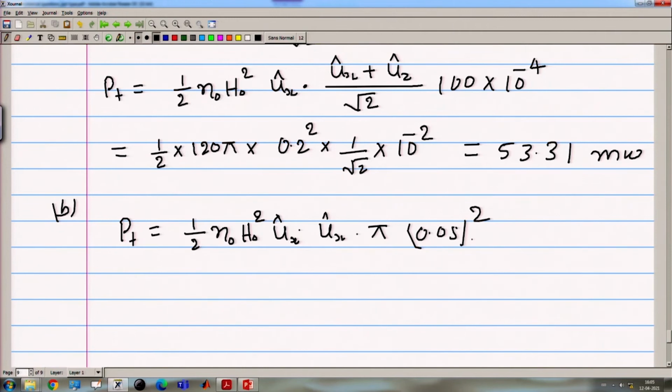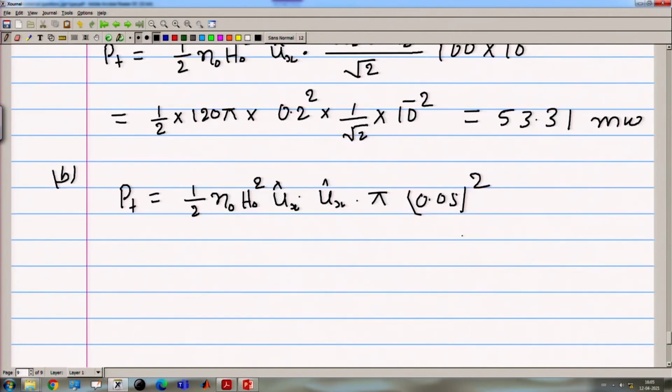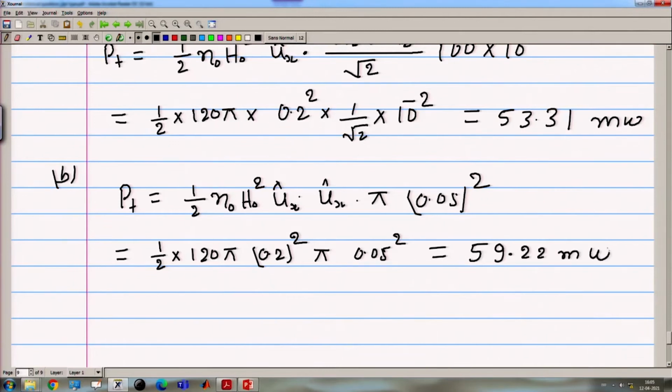So, ux dot ux will be 1, and because this is free space, we get 1 by 2 into 120 pi into 0.2 whole square into pi into 0.05 whole square. After simplification it will come to 59.22 milliwatt. So, this is the answer for the B part.